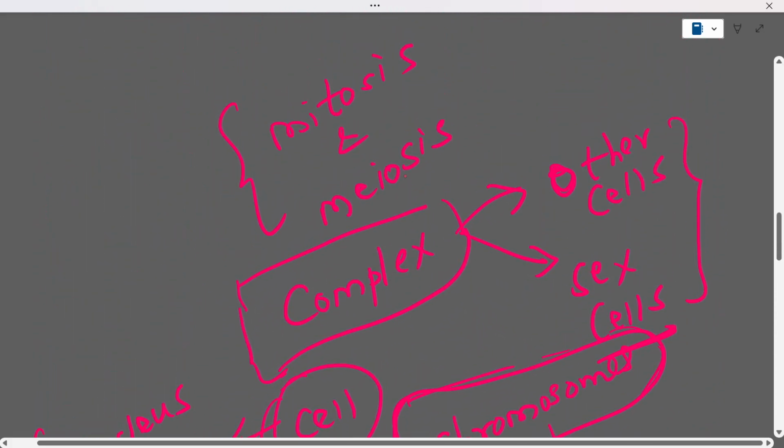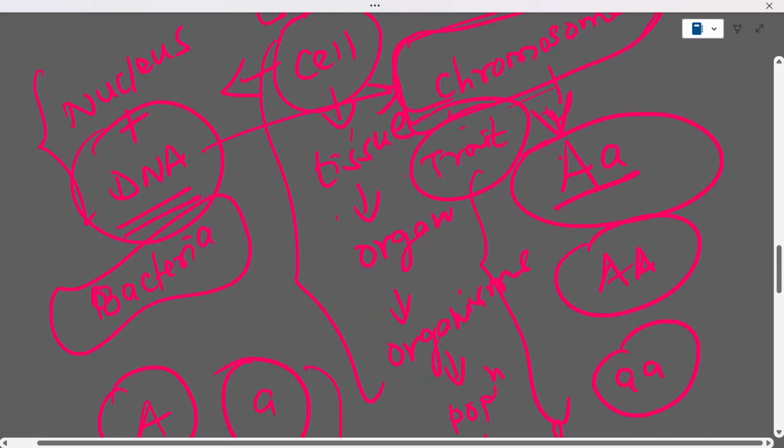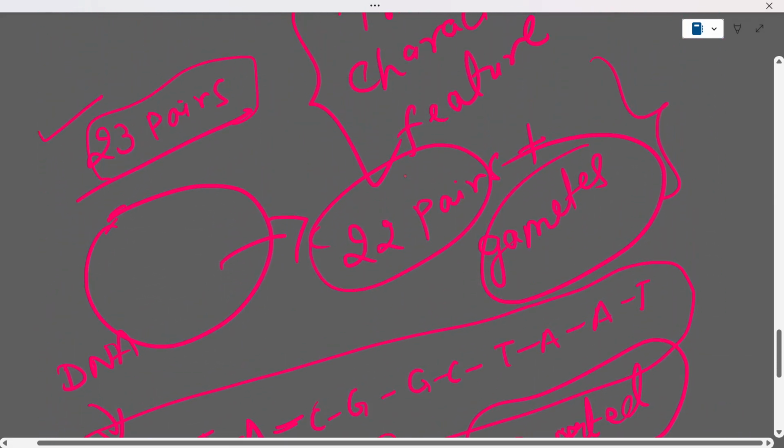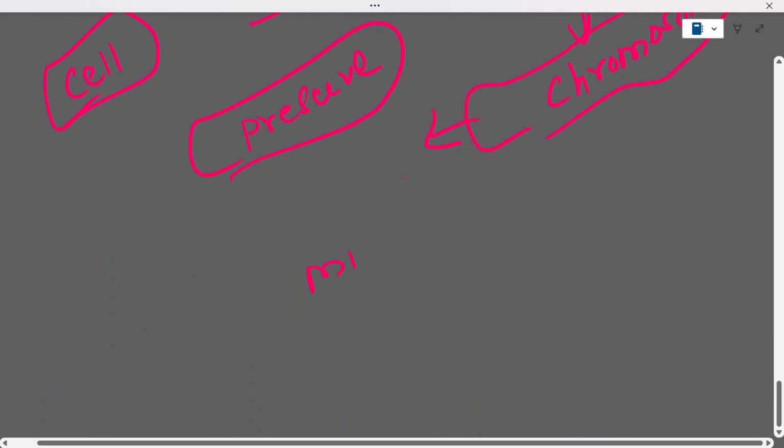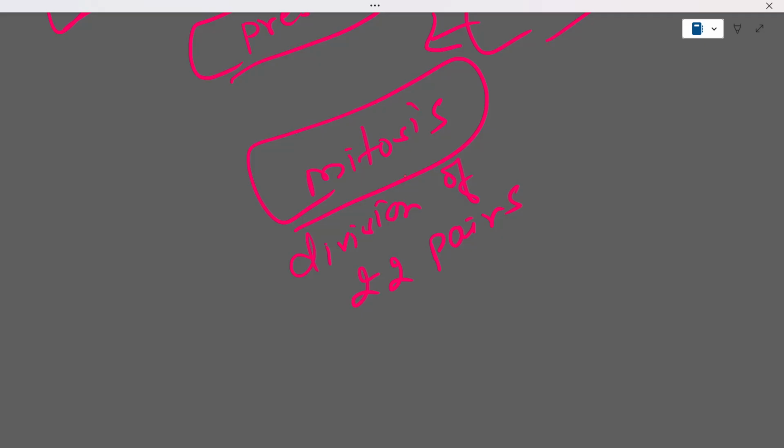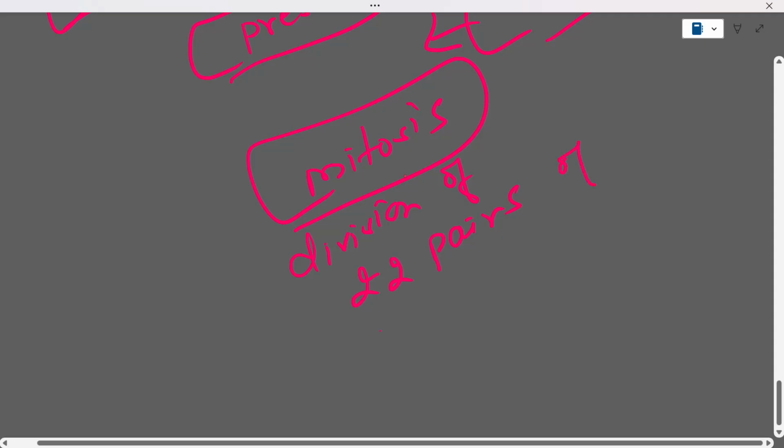Now let's see here other cells and sex cells. As I have said, every individual has 22 pairs of other cells plus gametes, which can be X or Y, which distinguish them from the other cells. Now mitosis is about division of other cells, division of 22 pairs of cells, which is necessary for many purposes.